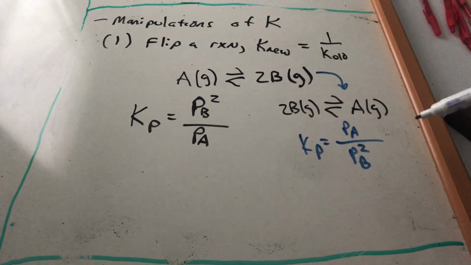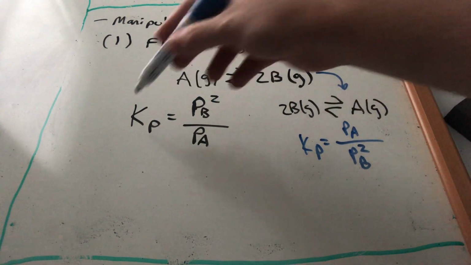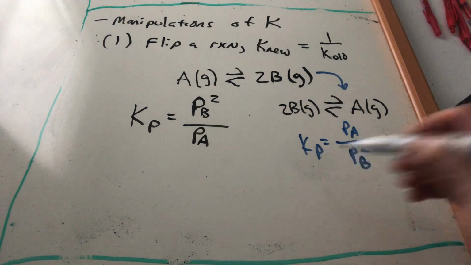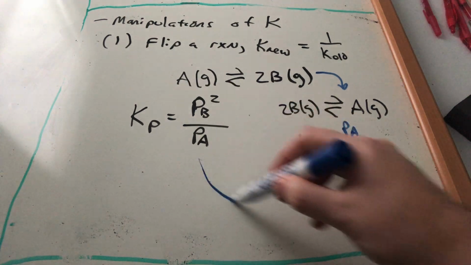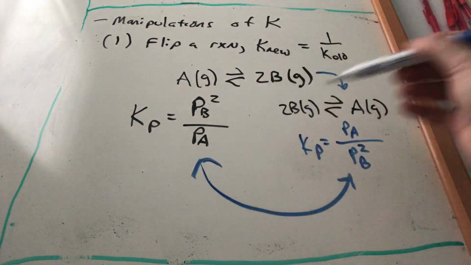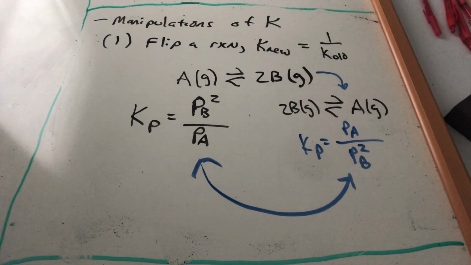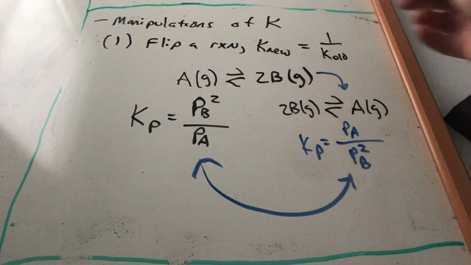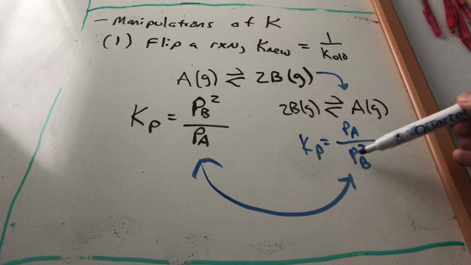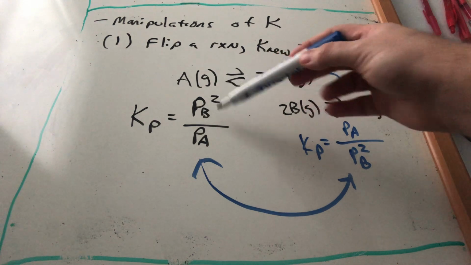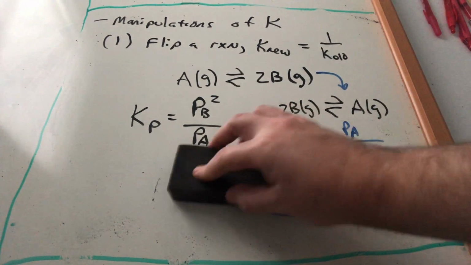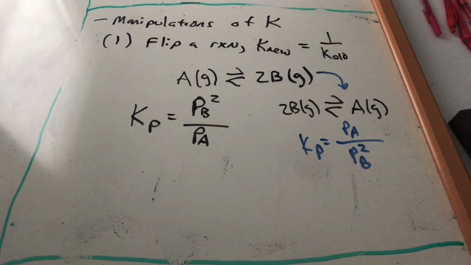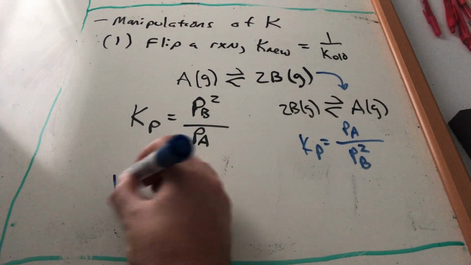So what did I do? I flipped this reaction. Well, what happened to Kp? This is like my new Kp here, right? And this is my old Kp. How do these guys compare to each other? Well, it really just proves this relationship up here. My new Kp, Pa over Pb squared, looks like 1 over my old Kp. And just to remember how that could work, let's say I flip my reaction.